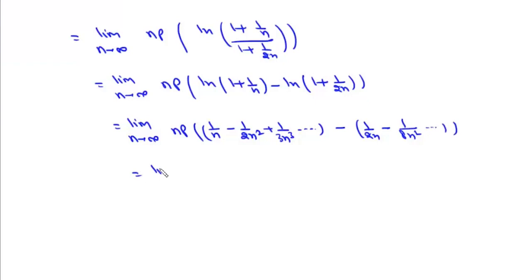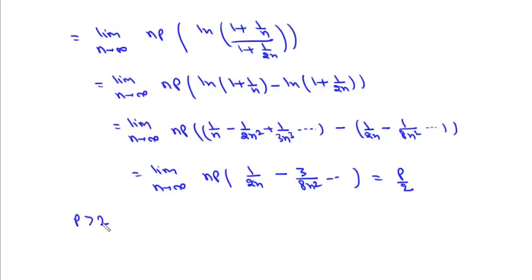So it will be this limit n tends to infinity, np. Now this is 1 by 2n, and here it is minus 3 by 8n square. When we multiply this by n, we'll get this limit as p by 2.